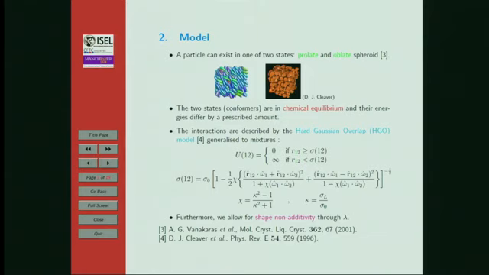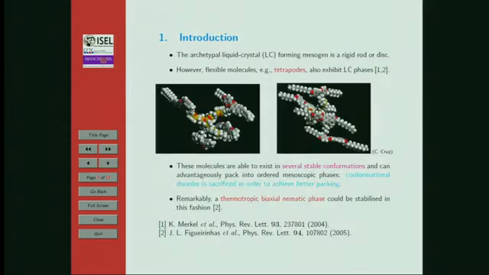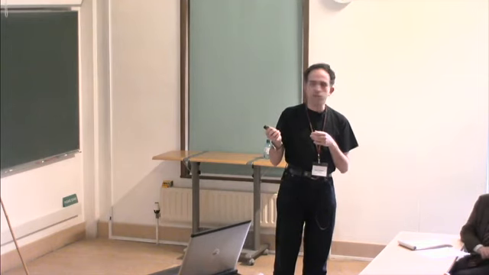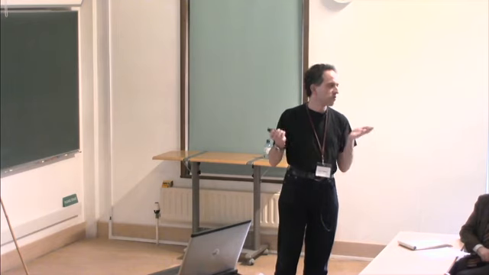So, the idea we came up with, and which is not entirely original, is that a particle can exist in one of 2 states, which we call either a prolate or an oblate spheroid. Of course, these are much simpler than these, but we wouldn't be doing anything like this. What we're doing is spheroids.